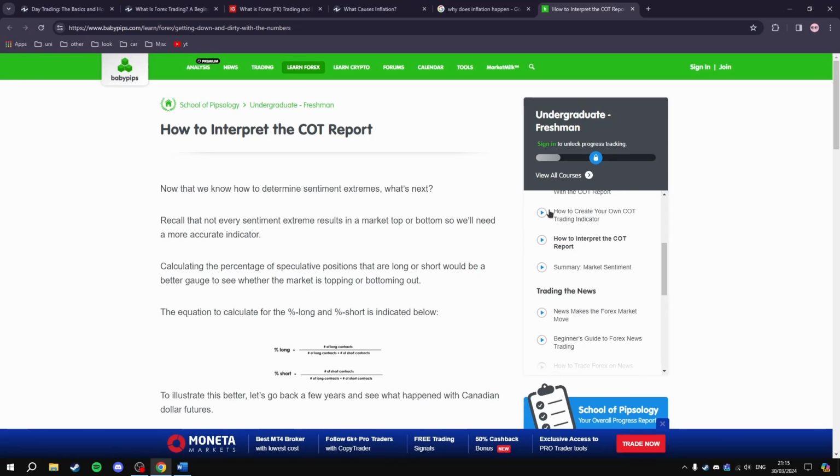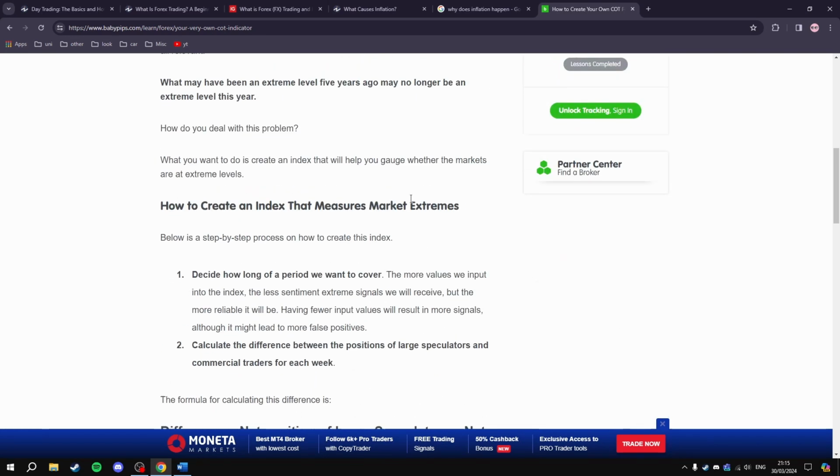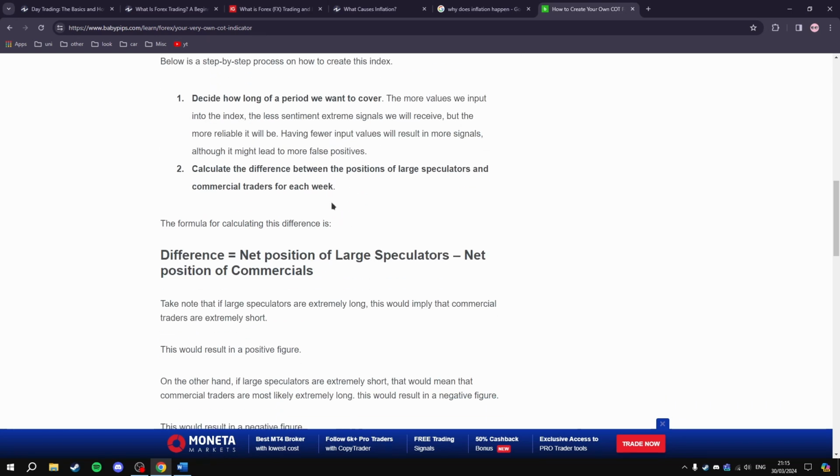So in the last video we went through how to create your own commitment of traders indicator. Two steps: decide how long a period we want to cover, and calculate the difference between the positions of large speculators and commercial traders for each week, with the formula being difference equals net position of large speculators minus net position of commercials.